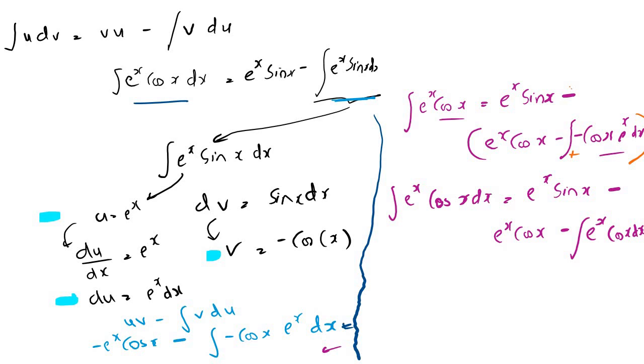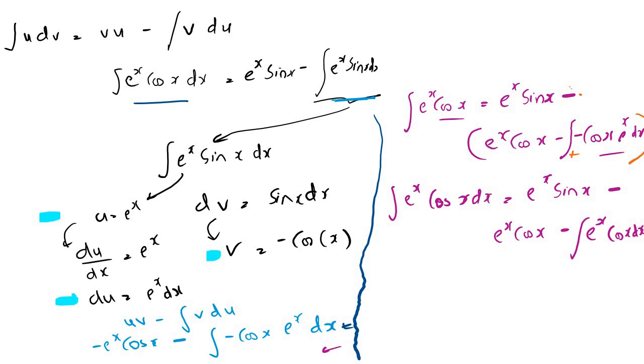This negative made this a negative, and though this is a positive, it was made a negative because of the negative over here. So this is positive, but there's a bigger negative that has to be multiplied. So now we see there's integral e to the power x cos x dx.